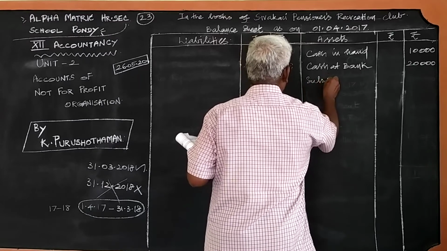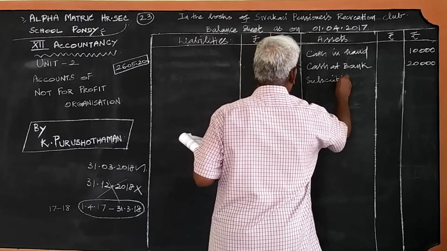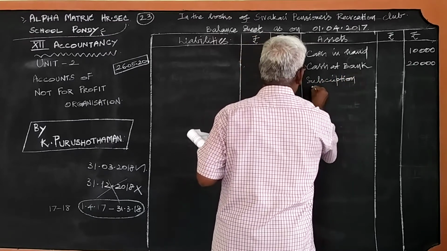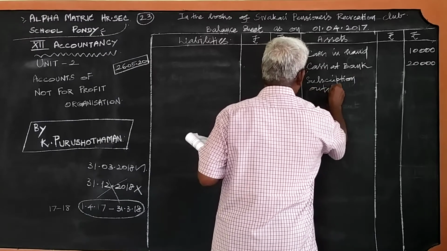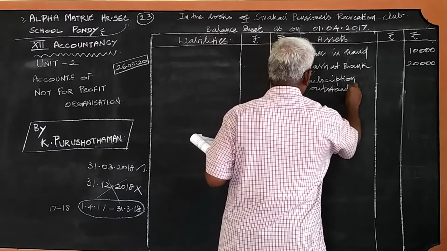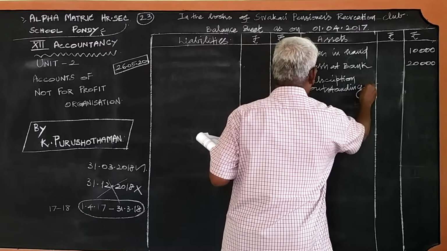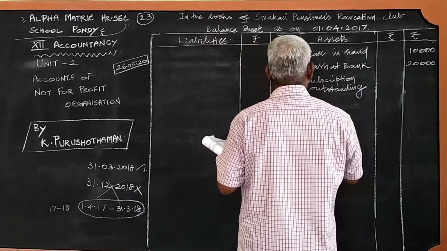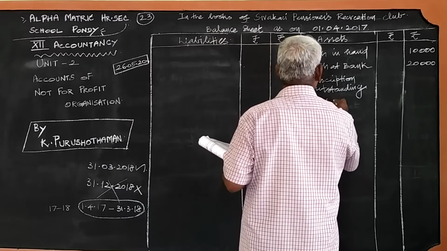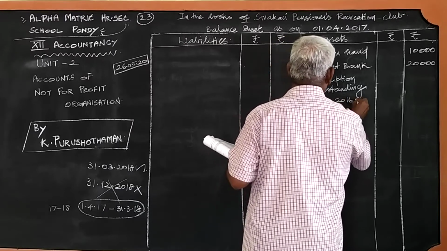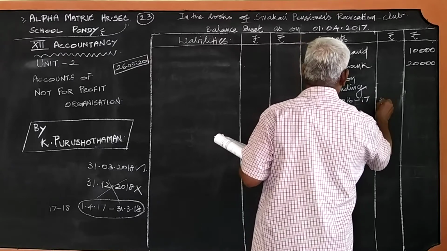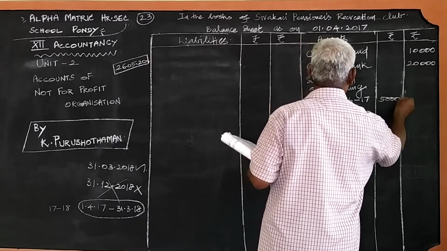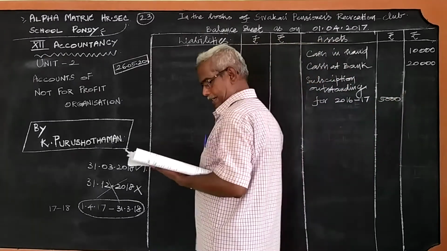Therefore, subscription outstanding for 2016-17 is 5,000. It is given there.